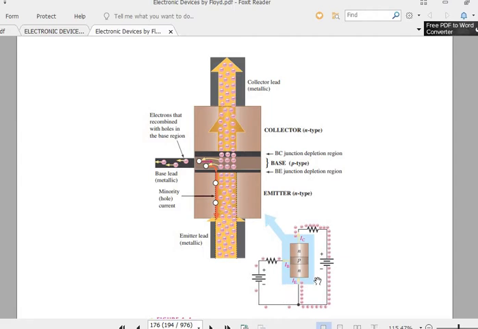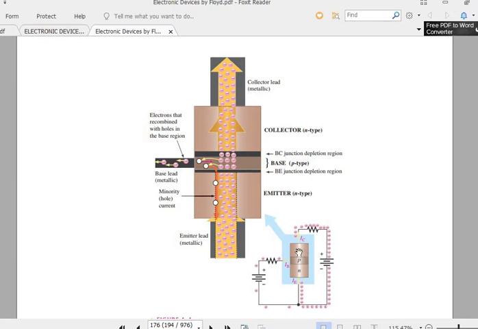On the contrary, we are having the output part, and this is the output part. So what happens? Although it is connected in the reverse biased, how can we justify it? Because N type material is connected with the positive lead of the battery.